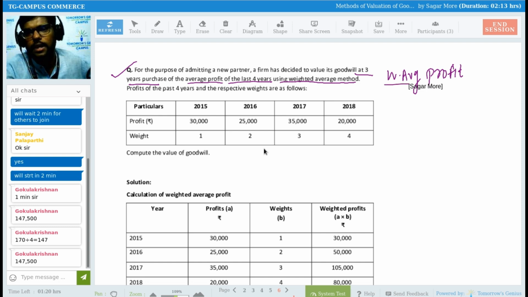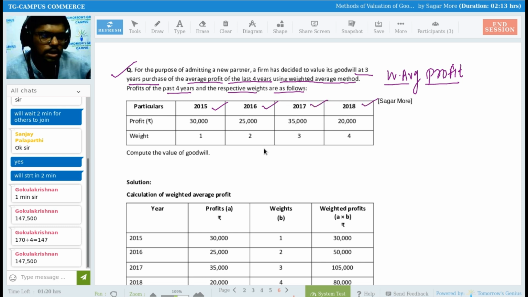The profits of the past 4 years, 2015, 2016, 2017 and 2018, are 30,000, 25,000, 35,000 and 20,000. Weights are also assigned: 1, 2, 3 and 4. These are the weights given to me.